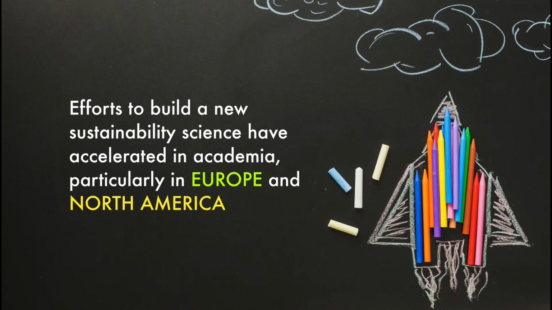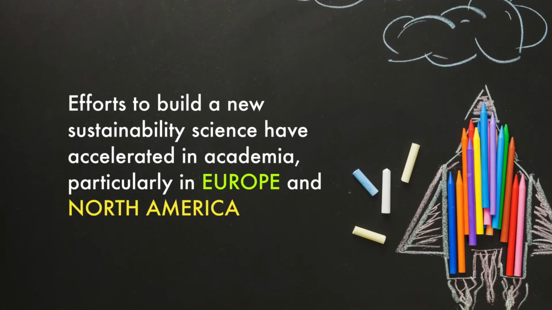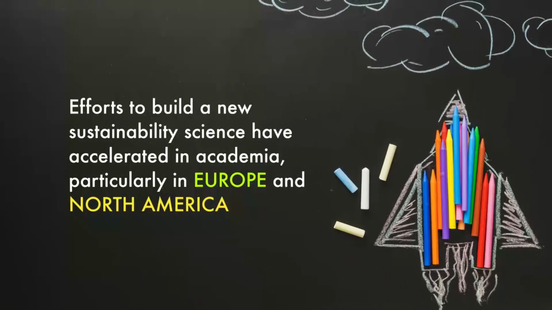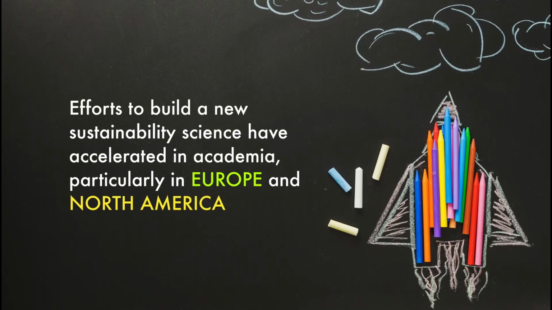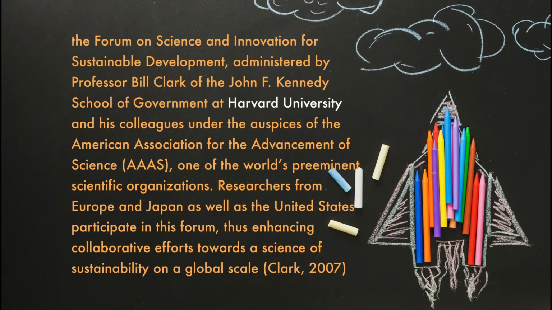So efforts to build a new sustainability science have accelerated in academia across the globe, particularly in Europe and North America. A few of the efforts can be mentioned here: the Forum on Science and Innovation for Sustainable Development at Harvard University, under the leadership of Professor Bill Clark of the John F. Kennedy School of Government and his colleagues, under the auspices of the American Association for the Advancement of Science.